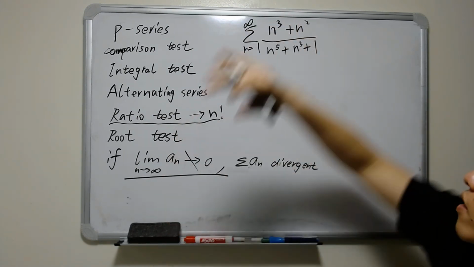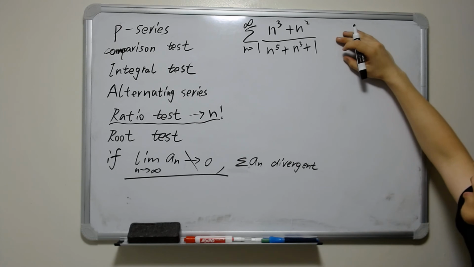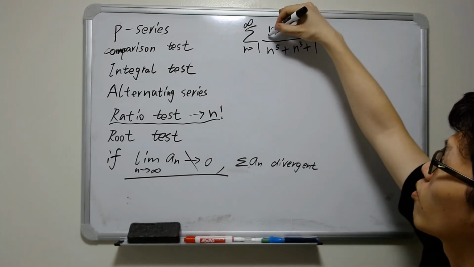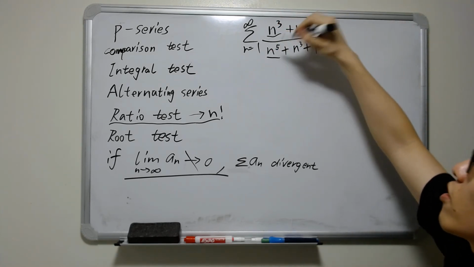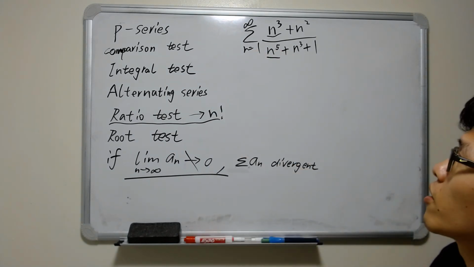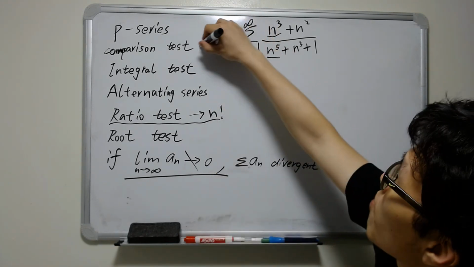In this series, we can see there is a dominant term in both the numerator and denominator. So in this case, we can use the comparison test.